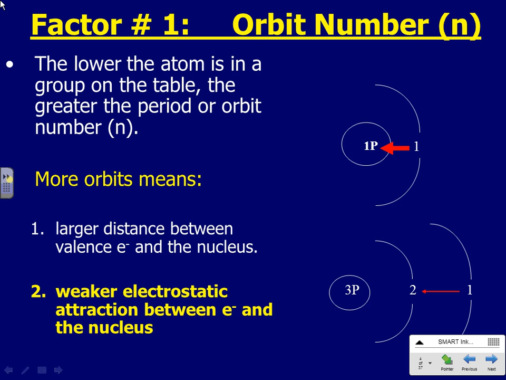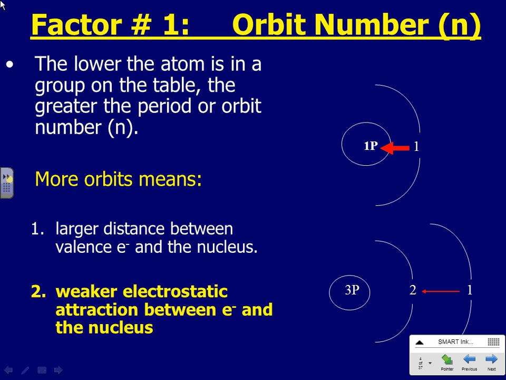You might say, but this has more protons, Mr. Sanders. But yesterday I described to you that when the orbits get big, they get big fast. And the fact that they get big really fast cancels out the extra protons. So it is actually easier to take an electron away from an atom that is lower in the periodic table, even though it has more protons.